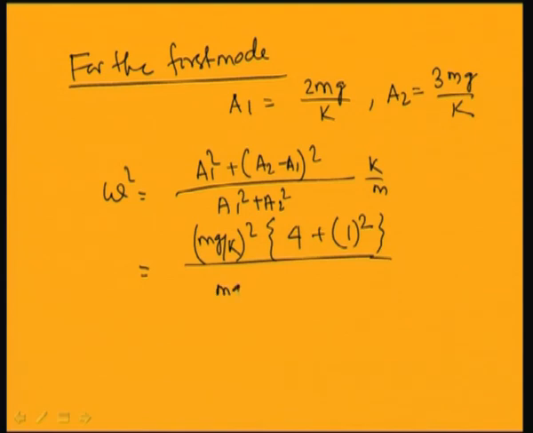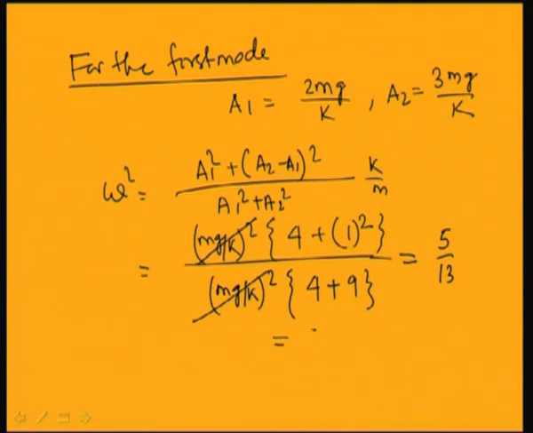Below it, a1 square plus a2 square: mg by k whole square into 4 plus 9. So I can cancel these two terms, and this becomes 5 by 13, which gives a value of 0.384.